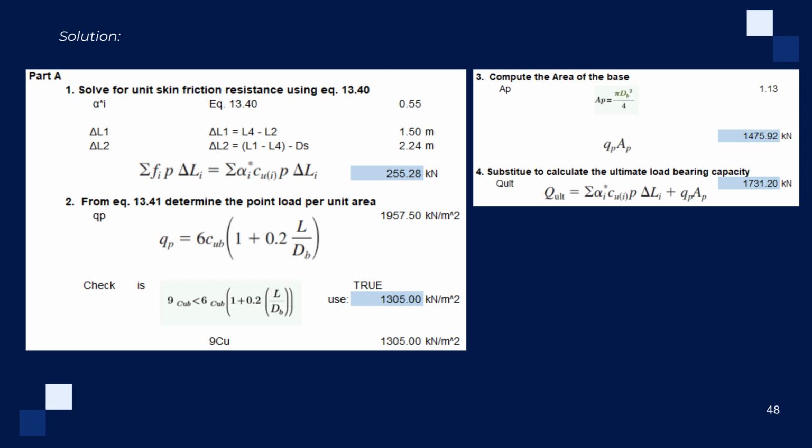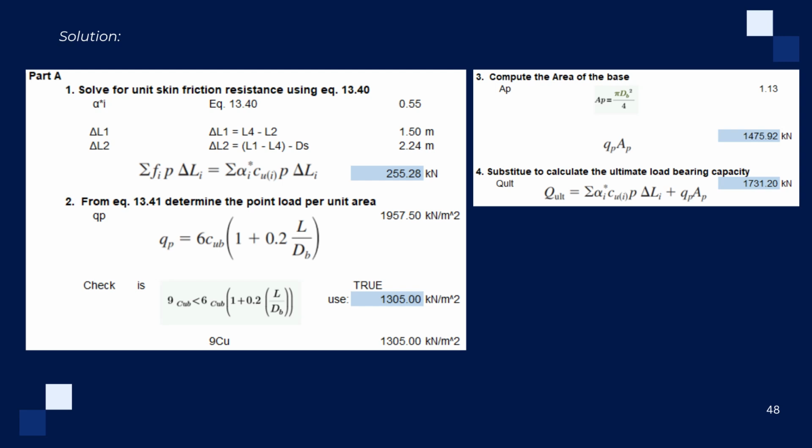So for part A, first, we need to solve for the unit skin friction resistance using equation 13.40, where alpha times I is 0.55, and the change of length L1 is equal to L4 minus L2, where we have 1.5 meter, and the change of length L2 is equal to the quantity L1 minus L4, close parenthesis, minus the Ds, where we get 2.24 meter.